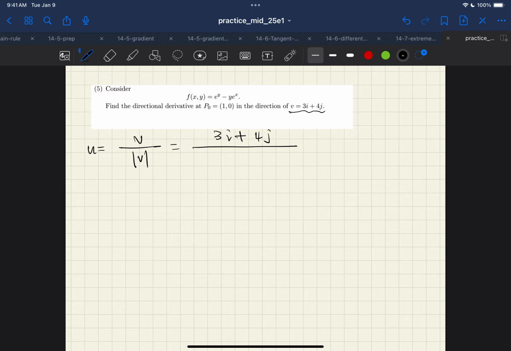I first copy whatever v is, and sometimes I write this 3i plus 4j as 3, 4. They are the same notations, and the denominator is its length, magnitude, which is 5, right? So 3/5 i plus 4/5 j. So this is u.